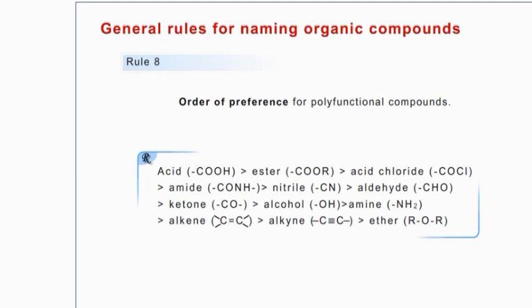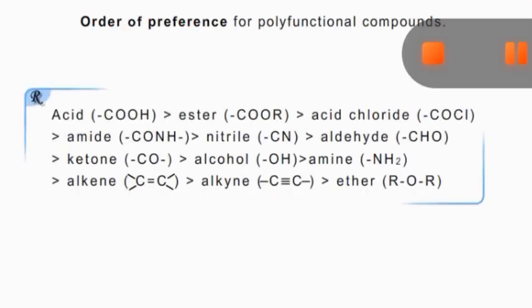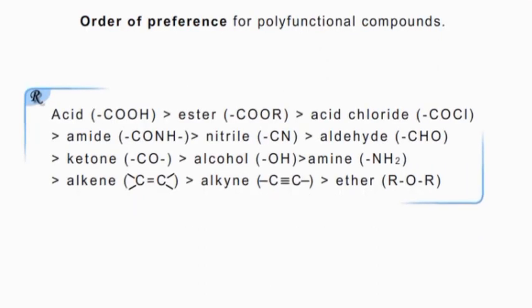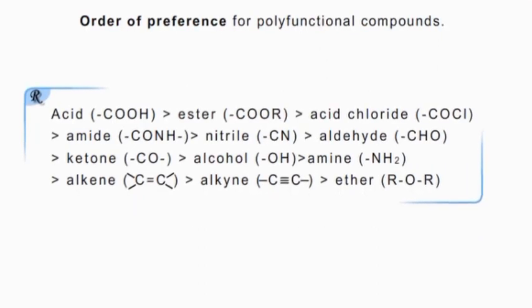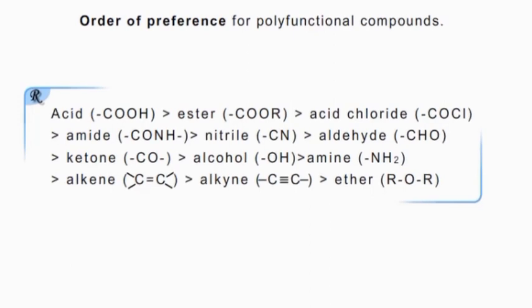I explained in the previous class that if there is more than one functional group, you have to select the one with the highest priority according to this order; that will be treated as the functional group and the rest will be treated as substituents. That's what we learned in the previous class.